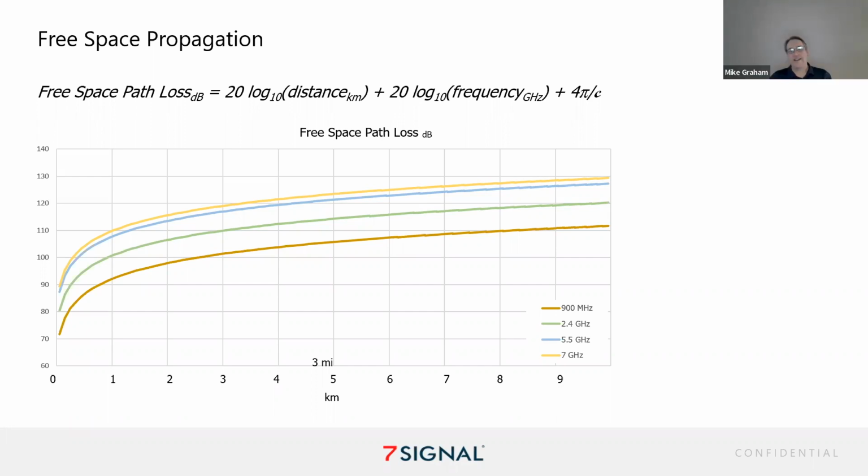Yeah, it is. And I think in this equation, it's going to be in meters per second. I didn't put the units in for it. It's going to change depending on the distance unit, the frequency units, whether they're metric or customary units. And it's going to depend on whether it's meters or kilometers and gigahertz or megahertz. But it's 4 pi over the speed of light.